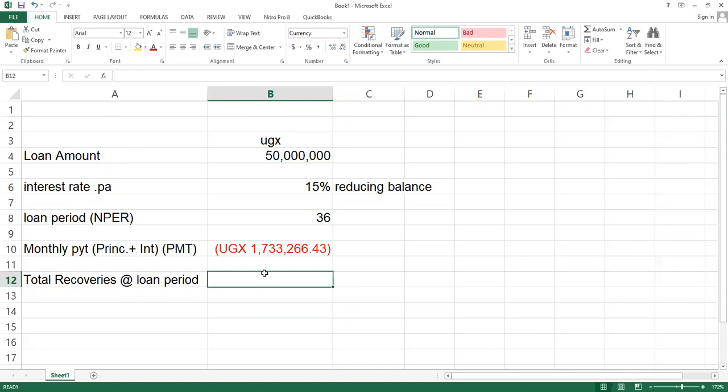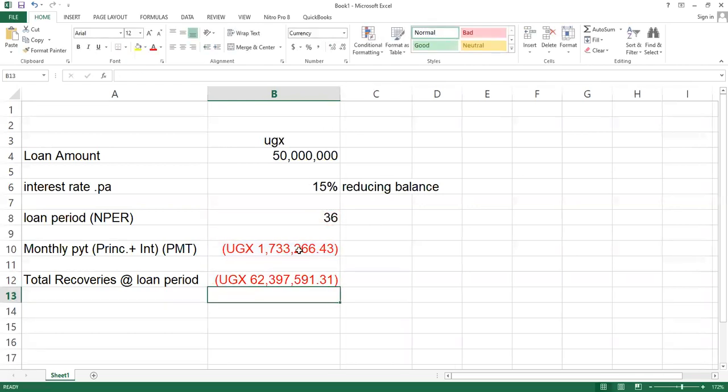So for me to get the total recoveries, I need to get the monthly payment. So I'll put equal signs, and then I get the monthly payment. I multiply this by the loan period. So meaning that at the end of the loan period, if I've borrowed 50 million, I would pay back 62.397 M. Okay, so that is the total recoveries.